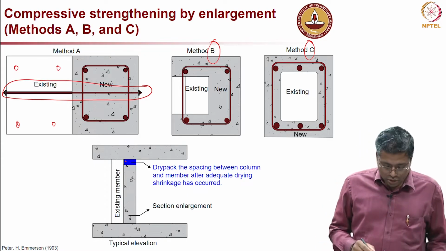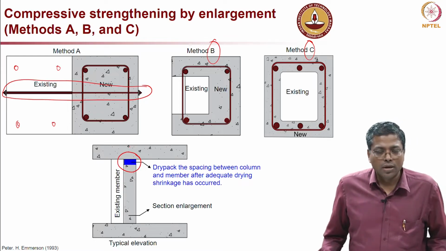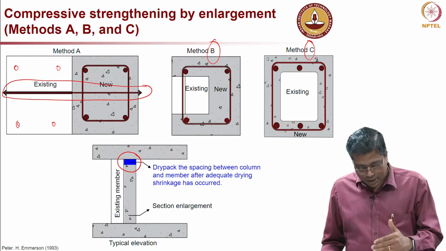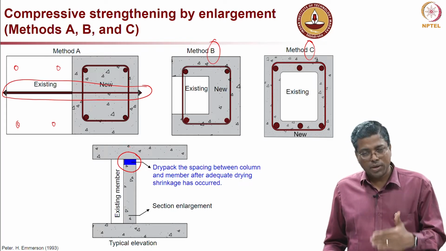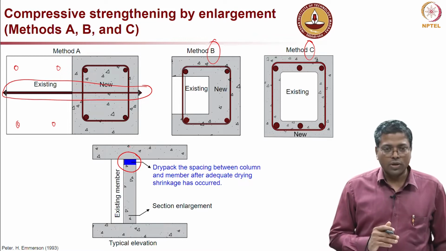So, what we need to do is ensure that there is proper continuity, or proper load transfer, directly from the roof element or the beam element to the column or the new part of the column.